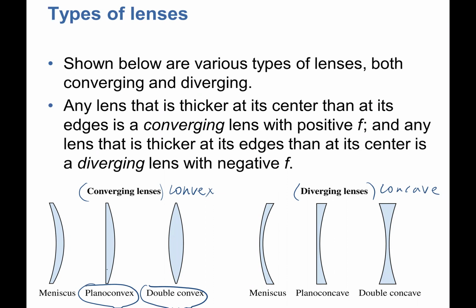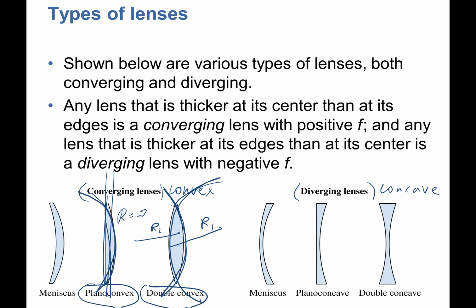With lenses there are two spheres, so there's a radius 1 and a radius 2. There are technically two radii. Here, one surface is curved and the other is flat, and the flat side has a radius of infinity, because it's flat.